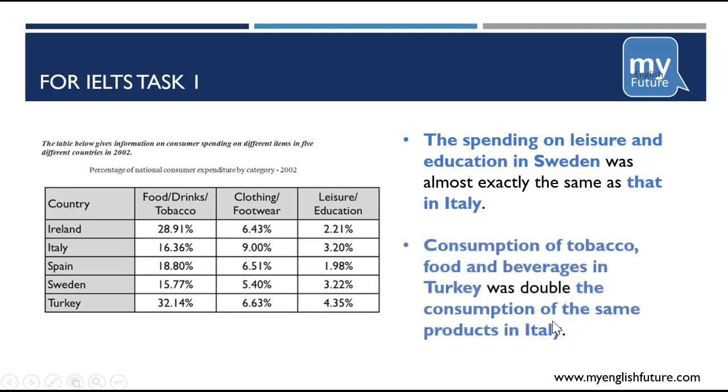Wow, these noun phrases are so long, but it is correct. Consumption of tobacco, food and beverages in Turkey was double the consumption of the same products in Italy. I didn't want to repeat tobacco, food and beverages, so you can write of the same products and your examiner will love you.